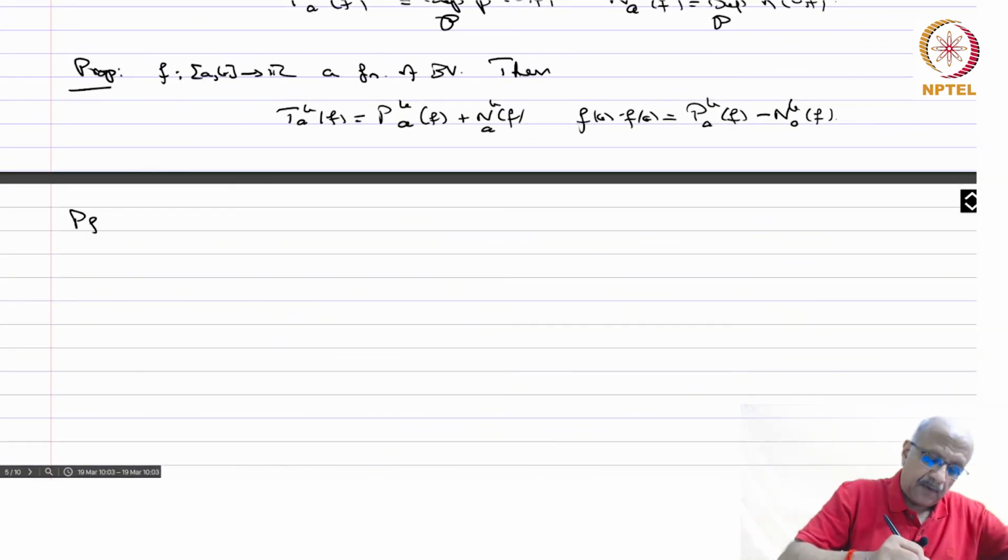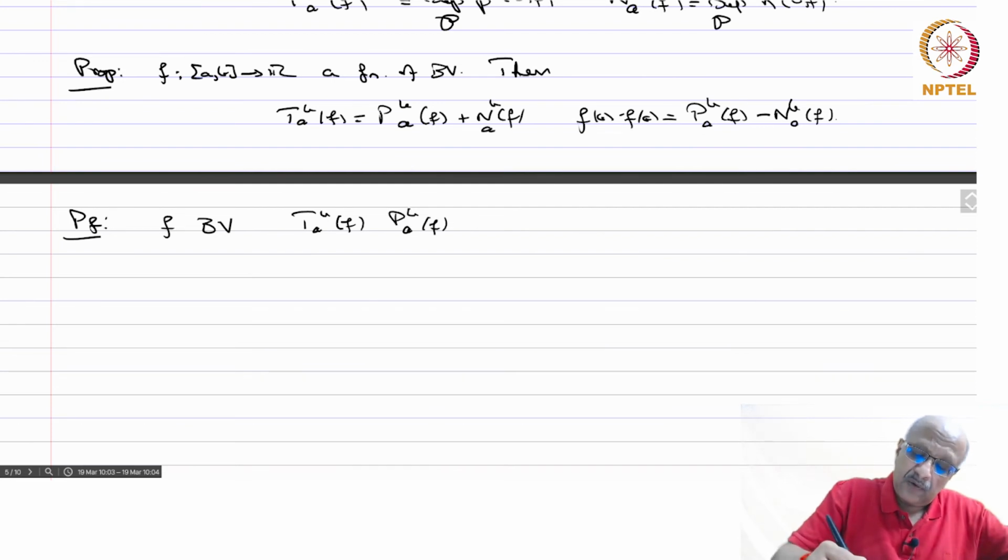So proof. f is of bounded variation, so that means T_a^b(f), P_a^b(f), that is part of the modulus, and N_a^b(f) are all finite.